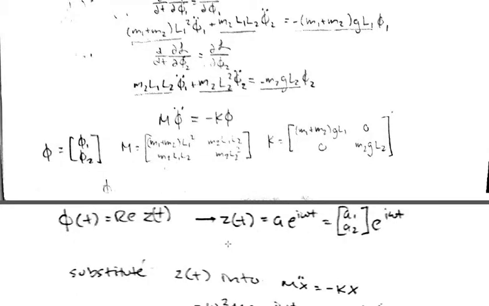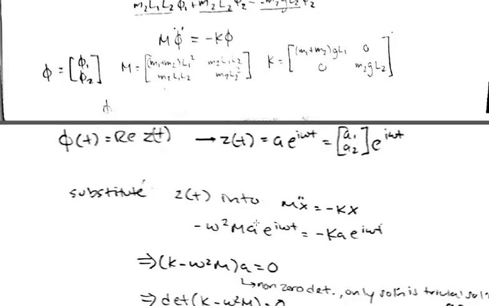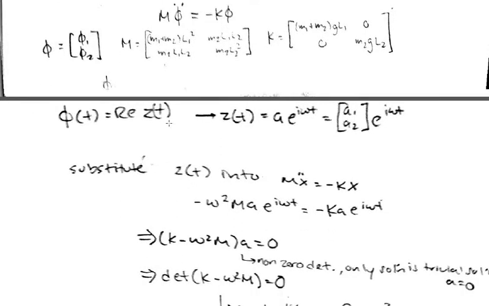And then from there, we have to find phi of t, and it will be the real part of the z of t function, where z of t is the solution to the differential equation, with the general form of a1, a2, e to the i omega t.